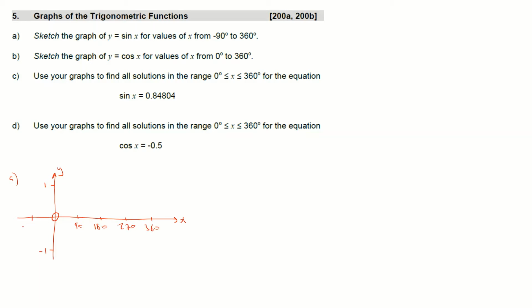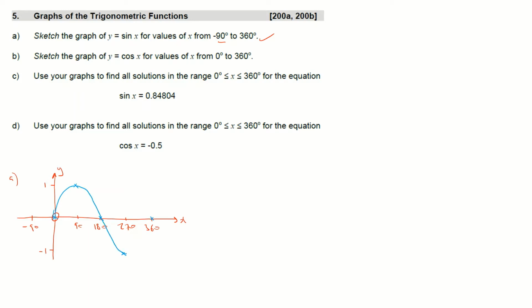It also said go back to minus 90 as well. Remember now the sine graph? Sine naught is naught. So it starts at naught, goes up to 90, down to 180, down to 270, and back to naught at 360. Okay, and I'll do the minus 90 bit now. It's hard for me to draw this.